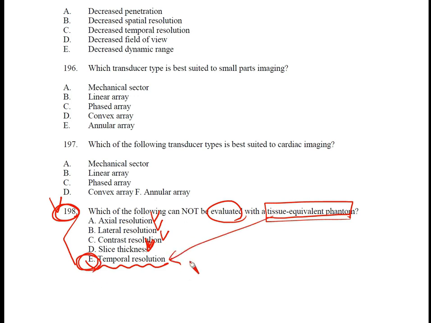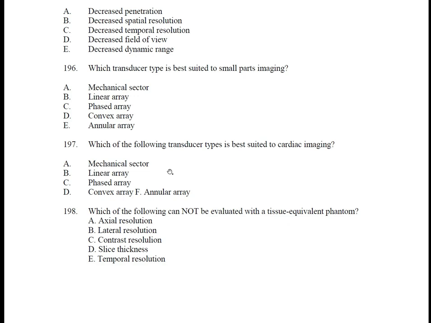Please note this through the question. More detailed information will be explained later in the quality control section. Up to question 198, we have solved a series of problems related to the probe. Starting from question 199, we will move on to the next section and continue solving problems.